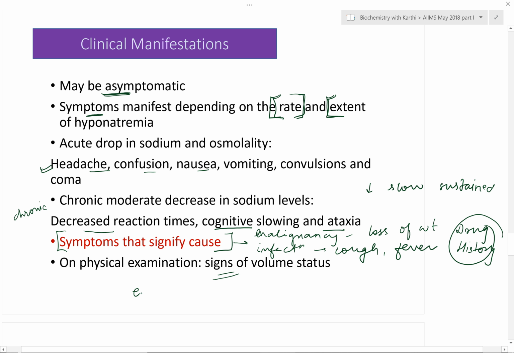On physical examination, you have to look for signs of volume status. Now, as I told you, SIADH is a cause of euvolemic hyponatremia. So you should not have any signs of volume status disturbance. What are the signs of volume status disturbance? Again, if it was hypovolemic, you might have signs of dehydration, such as reduced skin turgor and dry tongue.